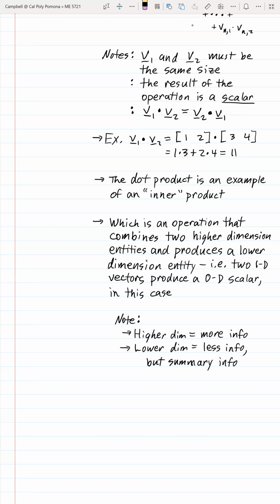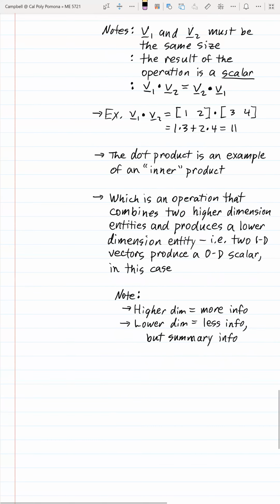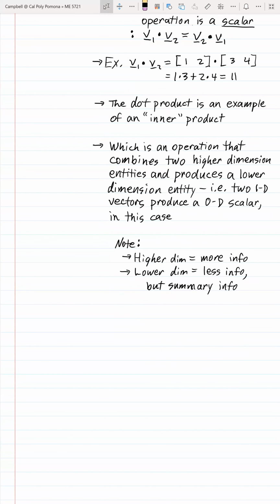That's why we're interested in it as engineers. So that gives us an understanding of what's going on with our first vector multiplication operation.